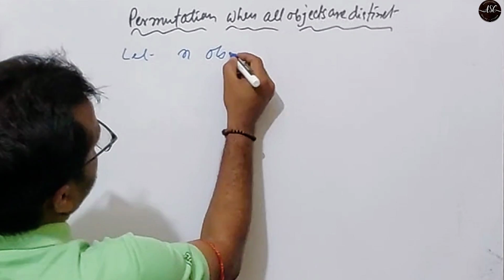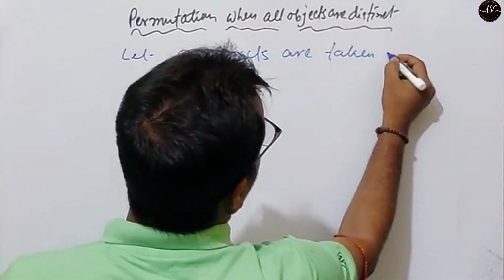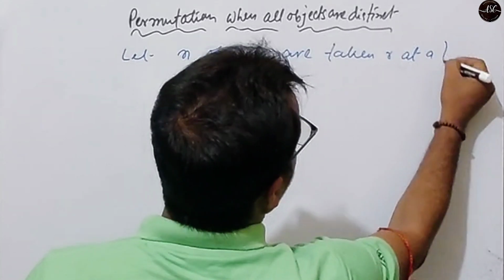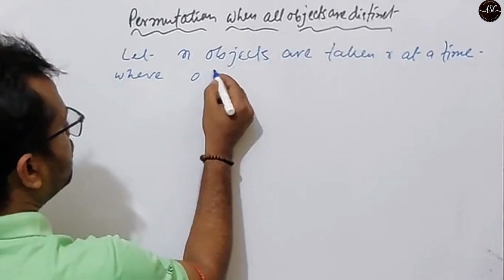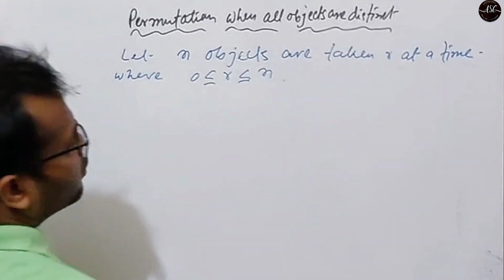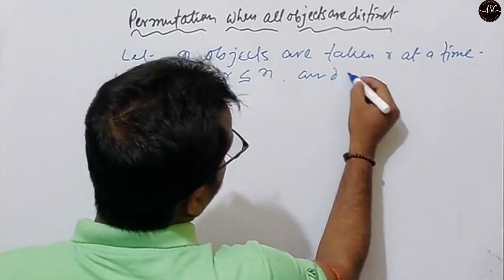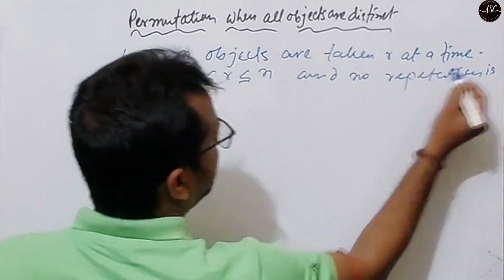There are n objects taken r at a time, where 0 is less than or equal to r, which is less than or equal to n, and no repetition is allowed.